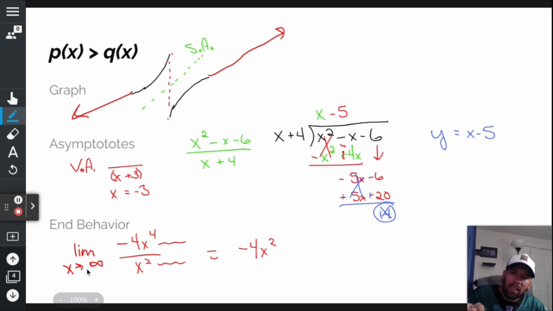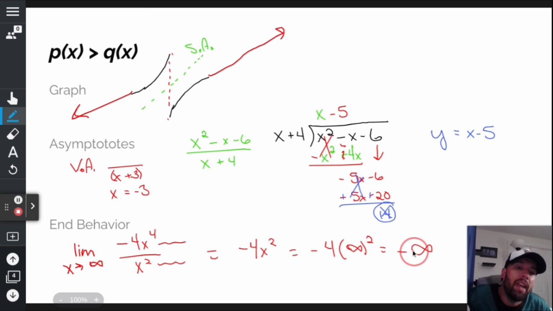Now, if I plug infinity into negative 4x squared, I get negative 4 times infinity squared. Infinity times infinity is infinity, and multiplying that by a negative number becomes negative infinity.